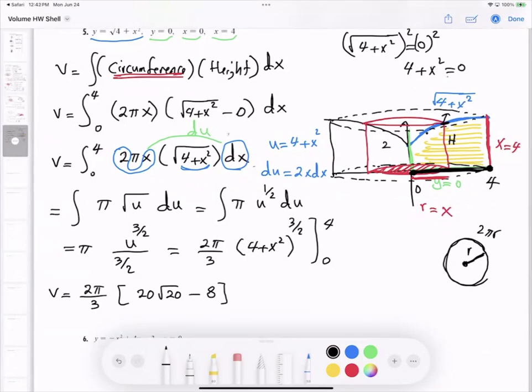We can simplify this further if you want to, or you can use a calculator and approximate this as well. So the options that you have after this: you can simplify this further, because the square root of 20 is equal to 2 times the square root of 5, or basically use a calculator to simplify as much as you can.